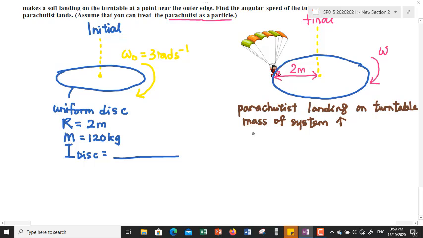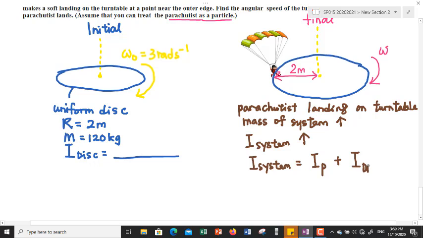If the mass of the system increases, that means the moment of inertia of the system will also change and increase, whereby the moment of inertia of the system will be the moment of inertia for the parachutist plus the moment of inertia for the turntable. The turntable is a disc.